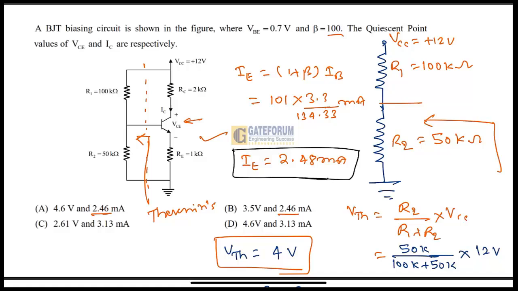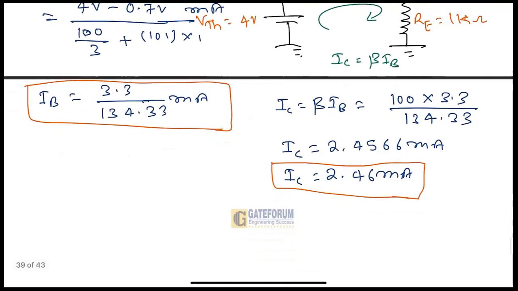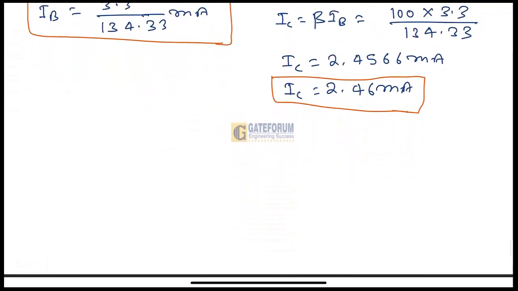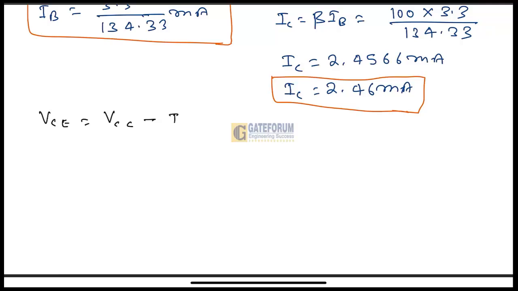So now I am going to calculate the VCE value. As per that, we can apply KVL to the right side, or we can say the output part. So this can be written as VCE is equal to VCC minus IC into RC minus RE into IE.